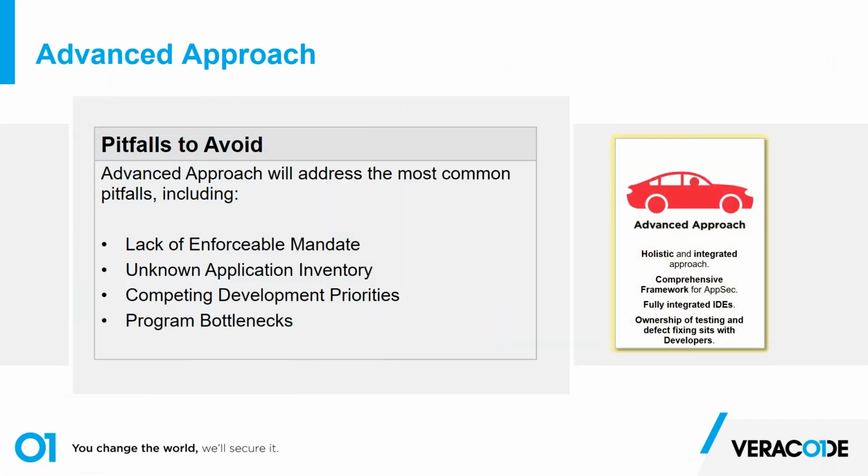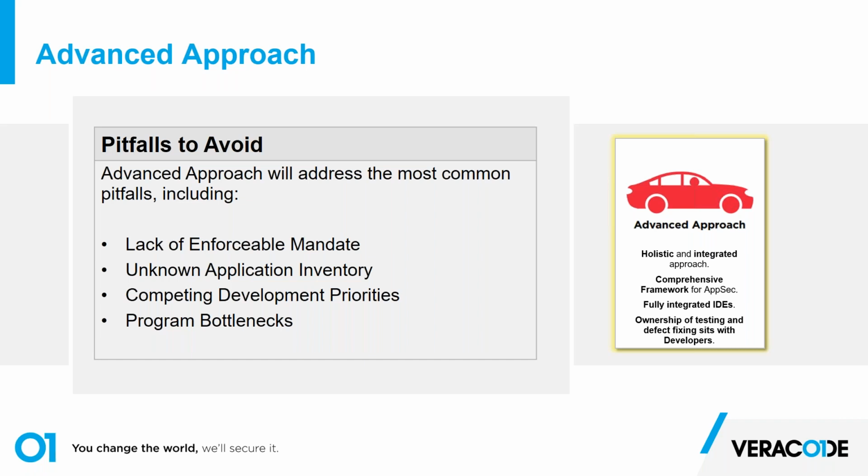Lastly, the advanced approach is when you start to get a grasp on the threat landscape, that it's always changing, and you're going to have to be nimble and flexible to make sure the risks are covered. And an AppSec program is never going to reach the advanced stage without proactive planning to avoid the pitfalls that entrap so many leaders and developers.